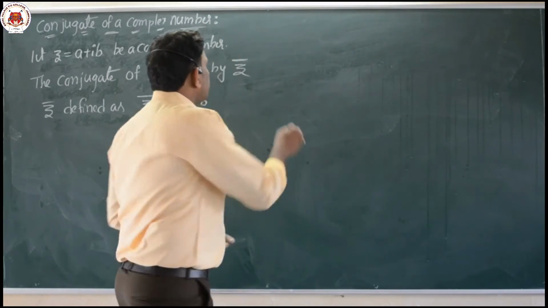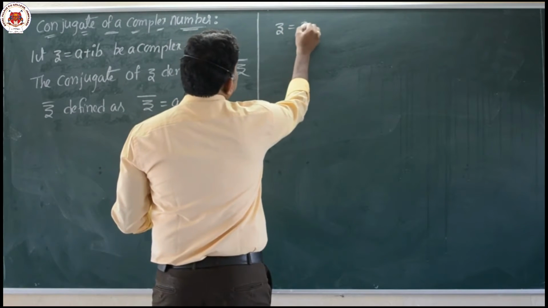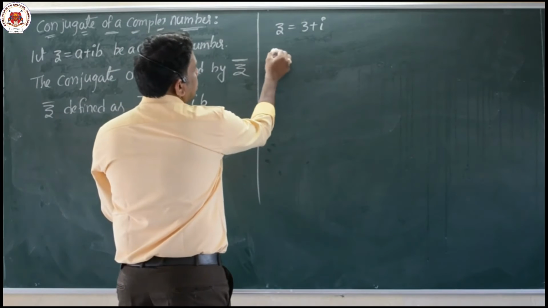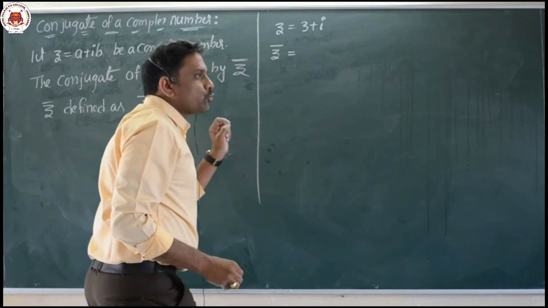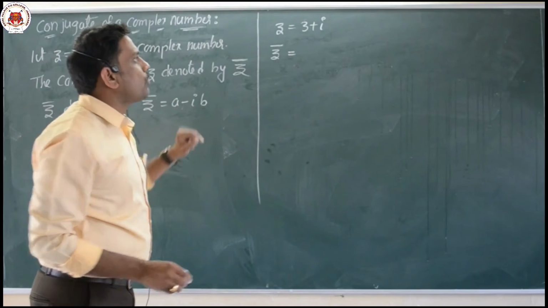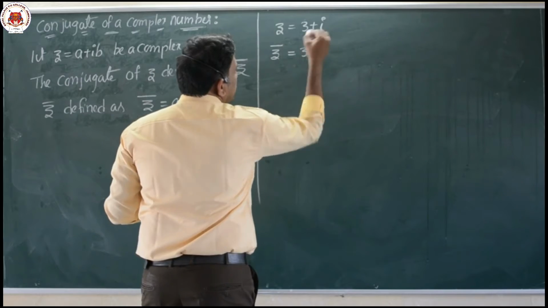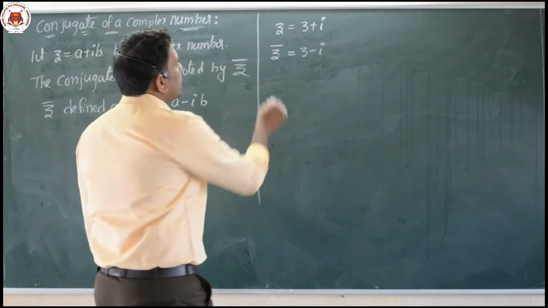We will take some examples on this. First example: suppose one complex number z equal to 3 plus i is there. Then what is its conjugate? Conjugate means z bar is equal to, as I said, only change the sign of i. Here plus i is there, so you write 3 minus i. This is called the conjugate of z. Now we will take another example.